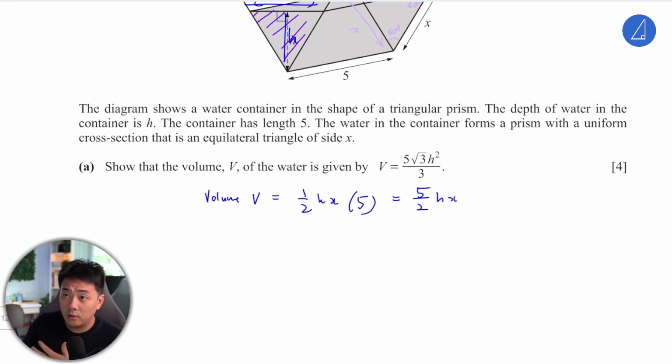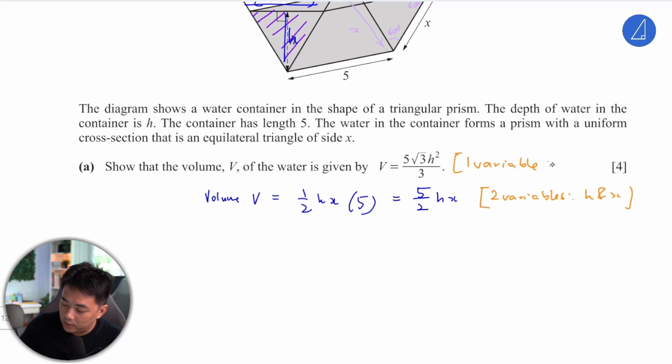Now for this kind of question, a maximization or minimization question, what you need to understand is that the entity you're looking at usually has 2 variables. In this case, there are 2 variables here, and what you're asked to show is that it only contains one variable, which is h.